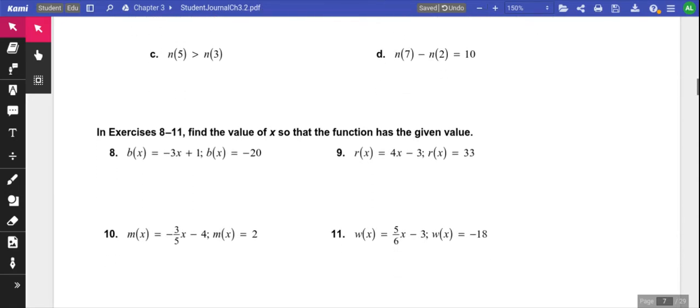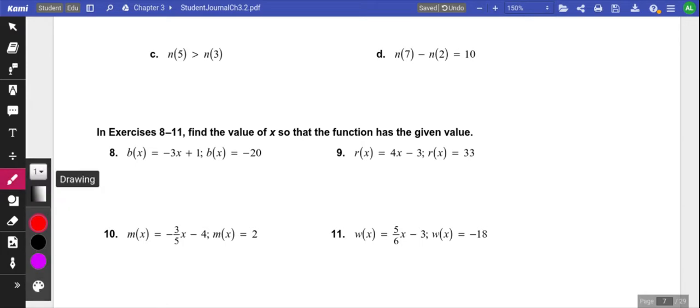Then here's another example, kind of like the second thing I showed you. We've got r of x is equal to 4x minus 3, and r of x is equal to 33. So I'm not plugging in 33 as my input value. I'm saying, look, r of x is equal to 33. So instead of r of x, I'm going to say 33 is equal to 4x minus 3.